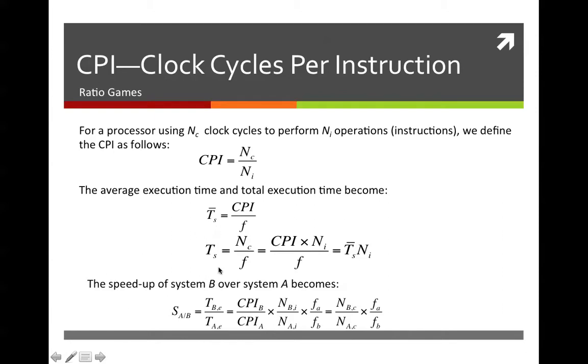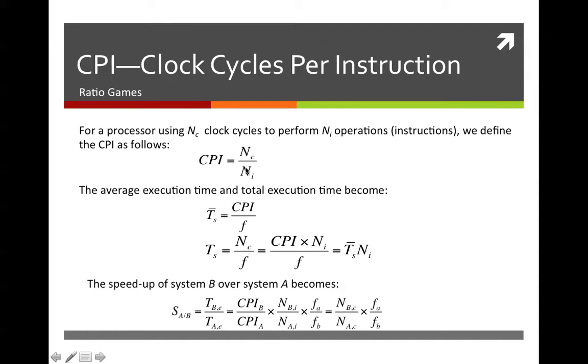That same average execution time then is equal to, by way of CPI, just take that CPI as NC over NI.